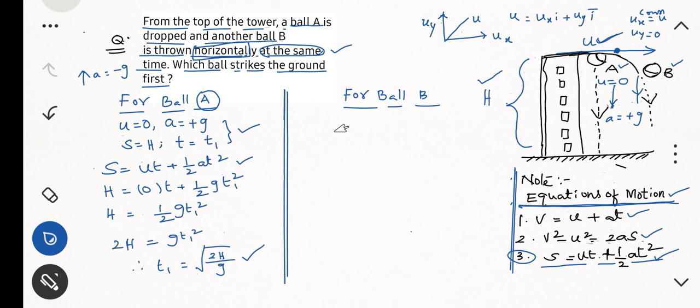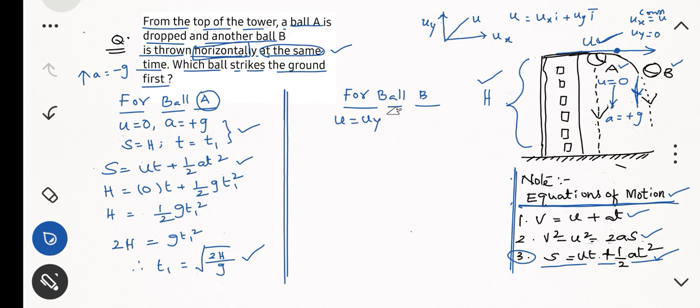So we will take u as uy, the vertical component, because the direction of the ball moving is equal to the direction of the vertical component.